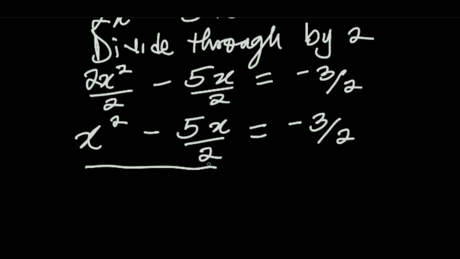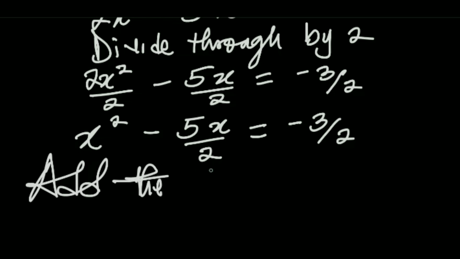So, the next step is, what must be done to this left-hand side to make it a perfect square? We need to adjust it such that what we have on the left-hand side is a perfect square. And so, what must be done is, we add the square of half of the coefficient of the linear term.